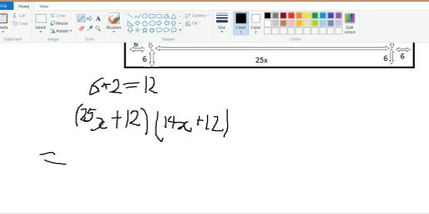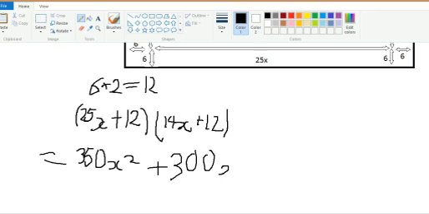And that would give us 350x squared and then the outside 12 times 25, it's 300, plus 300x plus 168x, and finally plus 144.